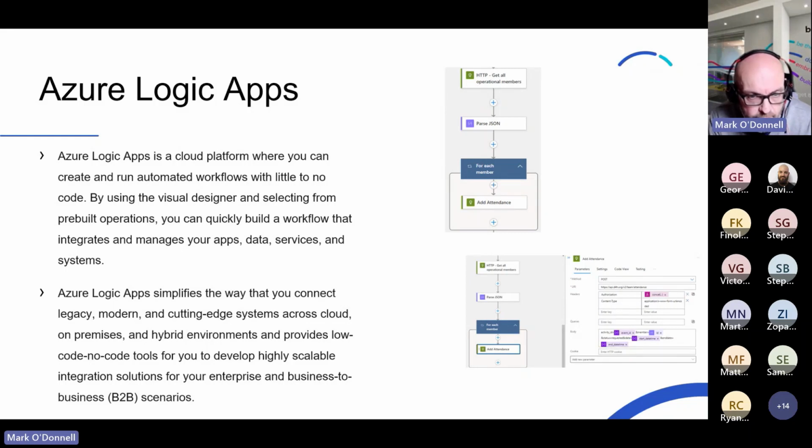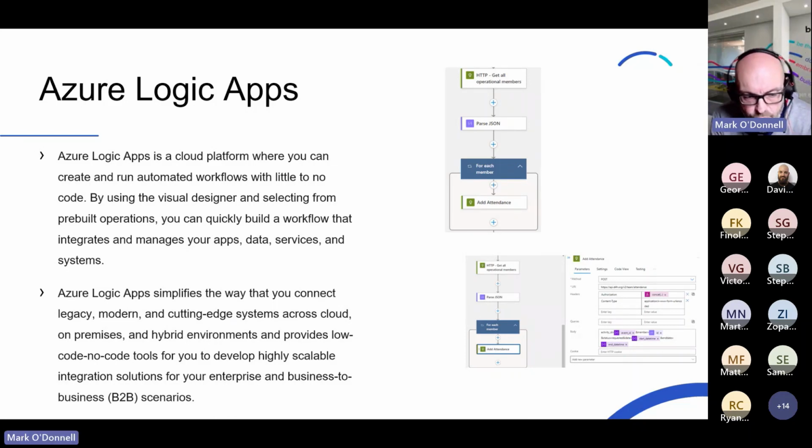Using the consumption plan for Logic Apps, which is enough for most customers, each step within a Logic App costs fractions of a pence to execute. So you can have quite a lot of functionality for very little cost. They also integrate with other Azure components, things like Service Bus and Event Grid, and that gives huge scalability.